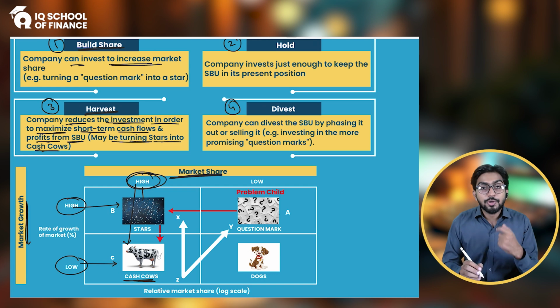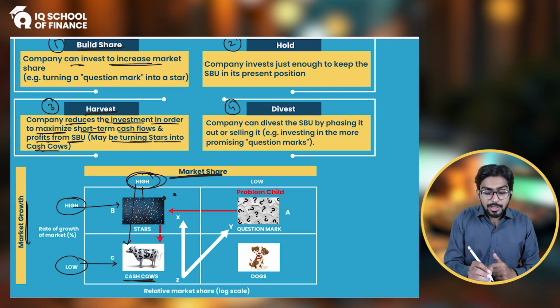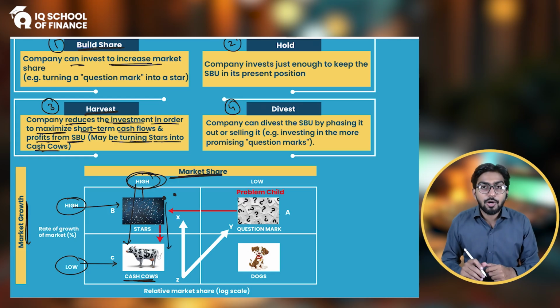For example, at some point in time, your star's market growth will come down. The market of your star product will go to maturity. So your star product will go to the cash cow level.